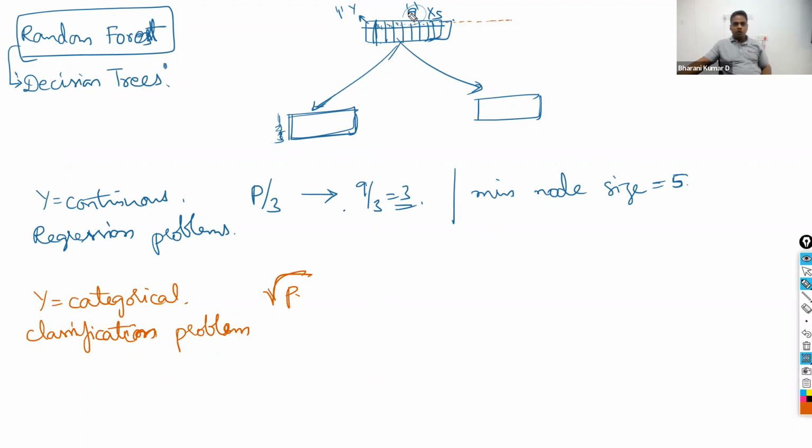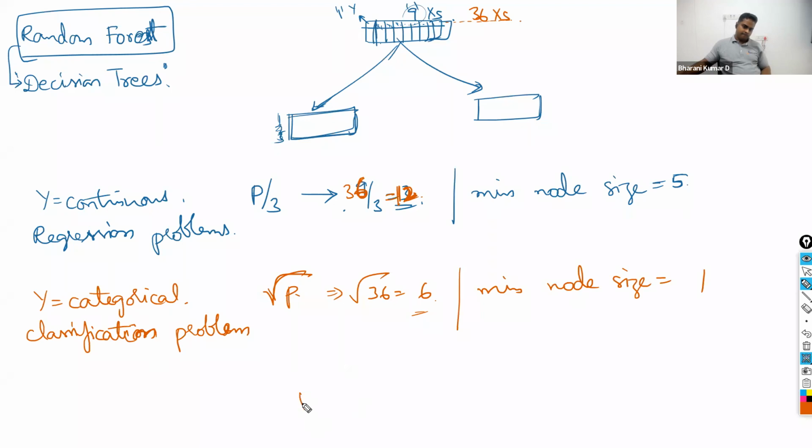If you have 36 inputs, p by 3 will become 36 by 3. So how many inputs will be selected? 12. Okay. Square root of p, what is square root of 36? 6. So 6 inputs will be selected. And the minimum node size suggested by this person happens to be 1. This is the name of the person who has come up with this particular logic.